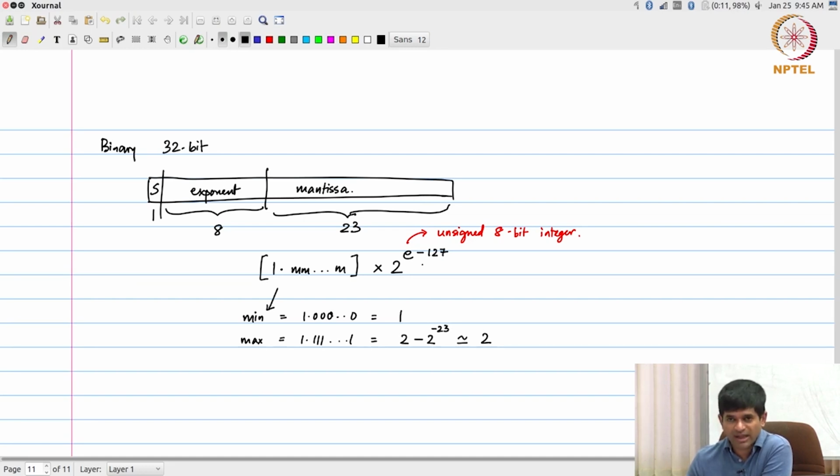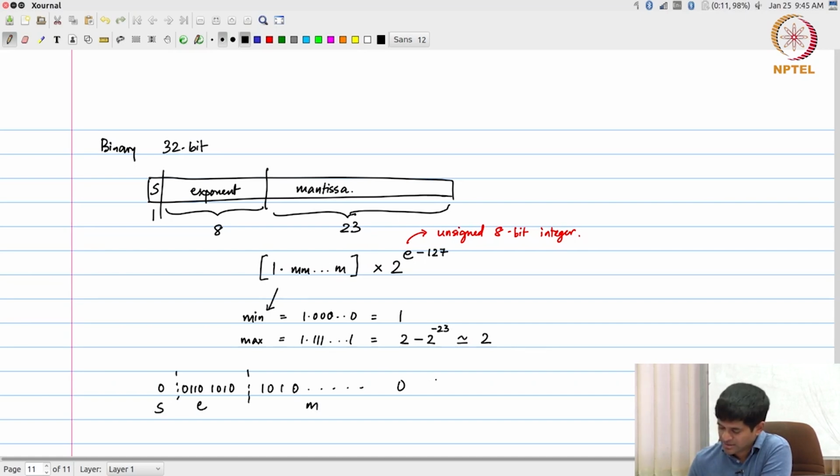I know that I can represent numbers using this format. An example number would be something like 0, 0, whatever, and something of this sort, right? This would be exponent, this would be mantissa, and this is the sign.